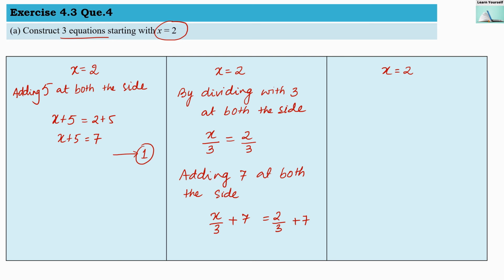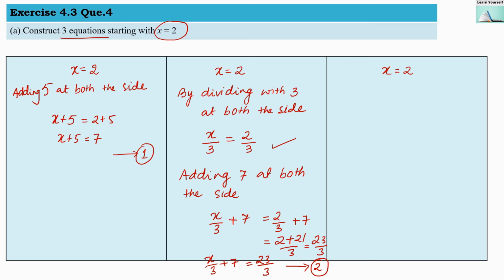Here I am going to take LCM 3. So I am going to get 2 plus 3 into 7, 21, divided by 3. So I will get 23 divided by 3. So my equation here is x by 3 plus 7 equals 23 divided by 3. This also can be our equation, but I have added one more step. So this is our second equation.